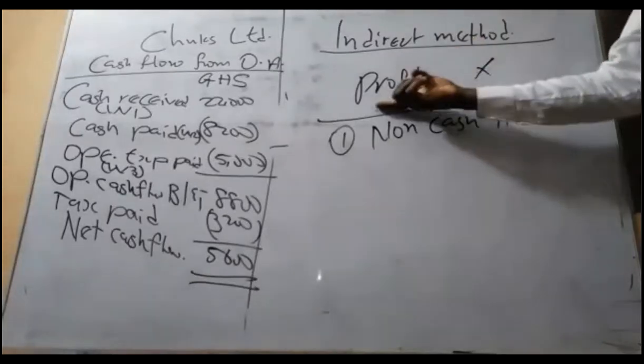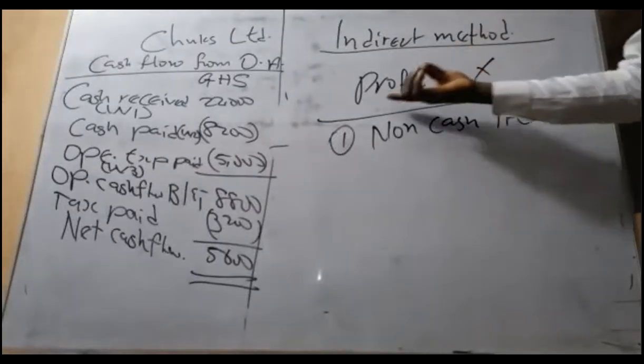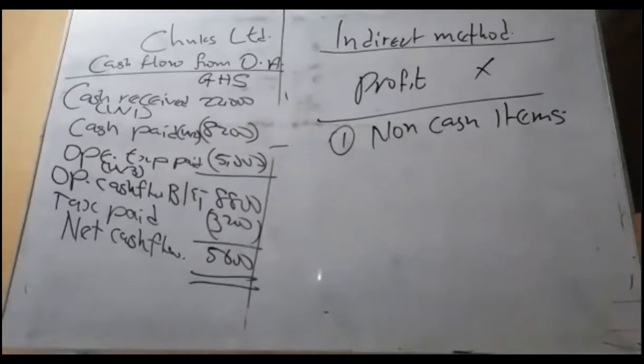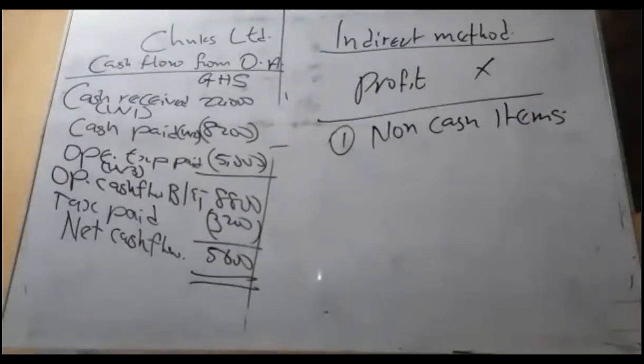Impairment is non-cash. If they have subtracted it, you add back. Then inventory written down. All of these provisions, provision for bad debt, all of these are non-cash items, which must be reversed. So that's all good.